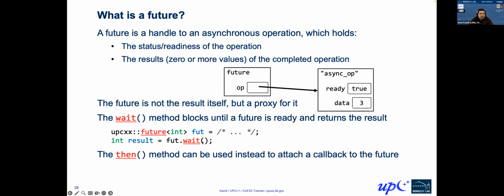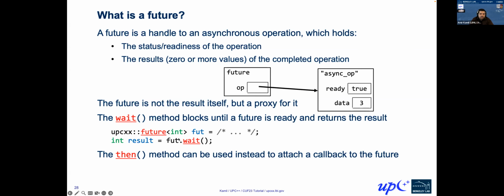So waiting on a future is one way to obtain the underlying data that the future represents, but there are other things we can do with the future instead. One of the main ones that we'll talk about a little later is that we can attach a callback to the future that makes use of the values that the future encapsulates.